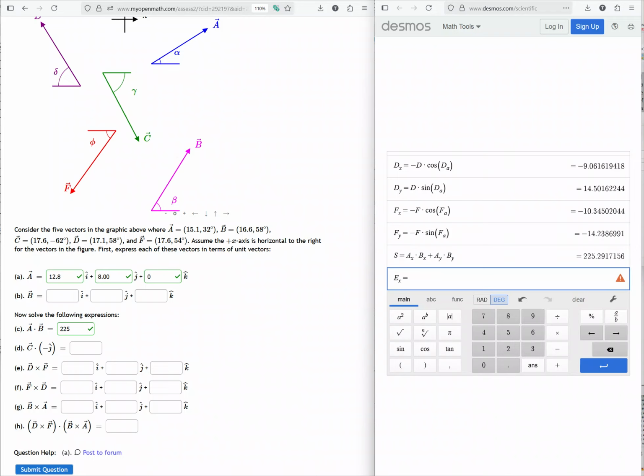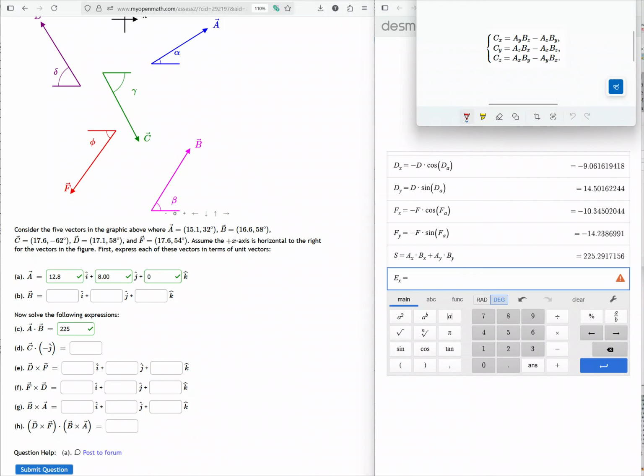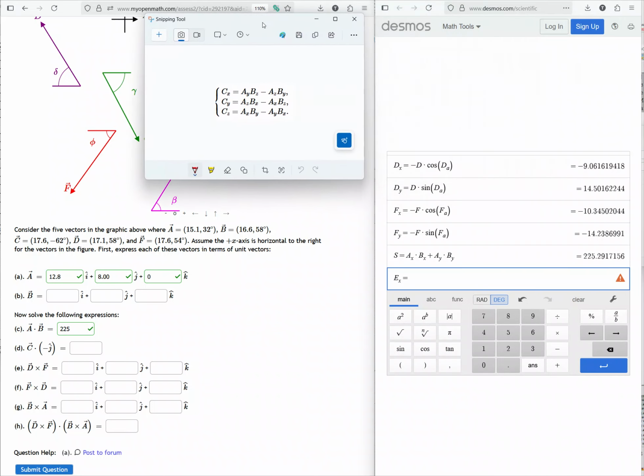Okay, so what should we have for EX? So it says D cross F. D cross F, if we look at this one, it should be instead of A, we have D, and instead of B, we have F. Okay, let me move this here.